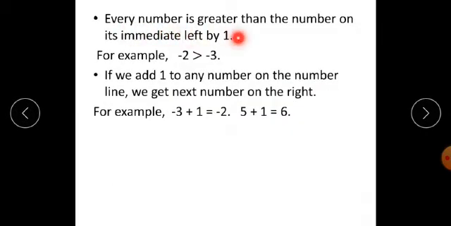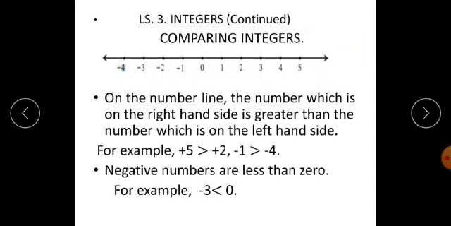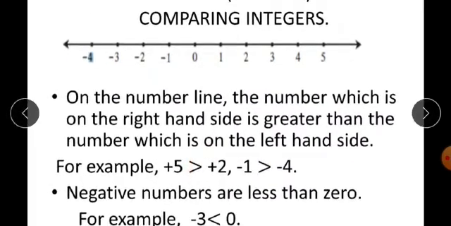Every number is greater than the number on its immediate left by 1. For example, minus 2 is greater than minus 3. Students, if you look very carefully at this number line, you can say that 2 is greater than 1. If I ask you what is the difference between 2 and 1, you subtract 1 from 2, therefore 2 minus 1 gives you 1.